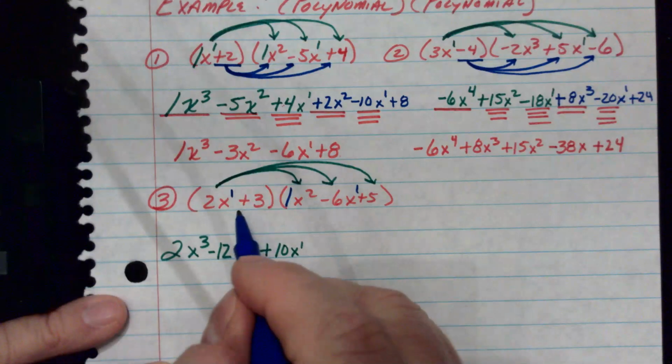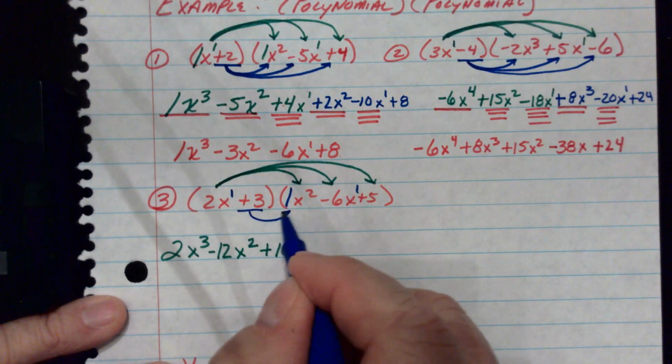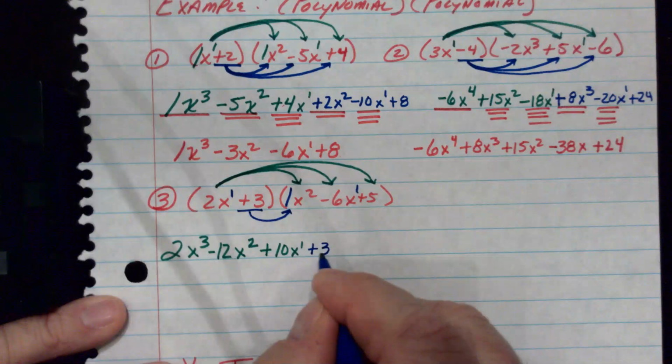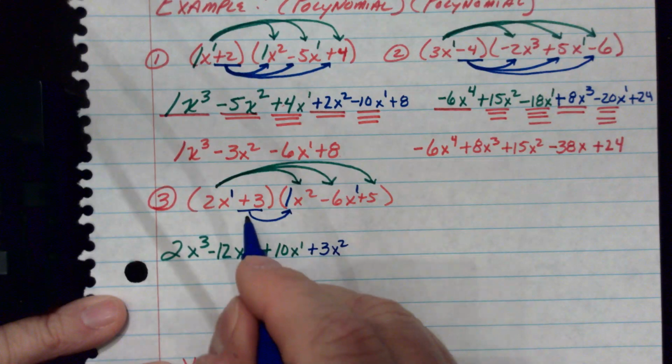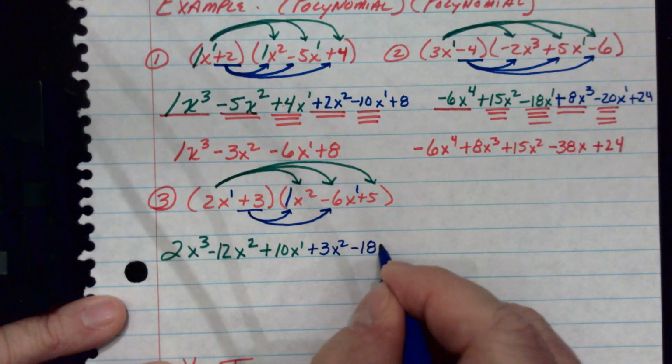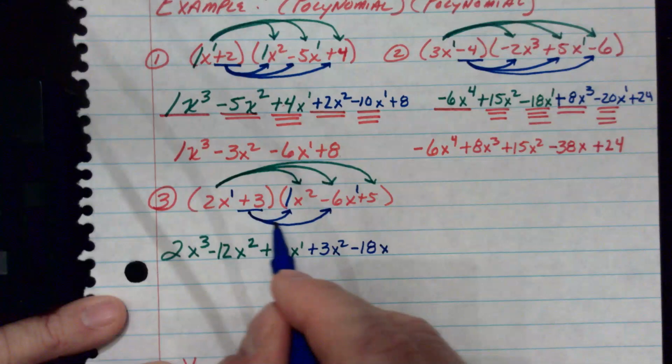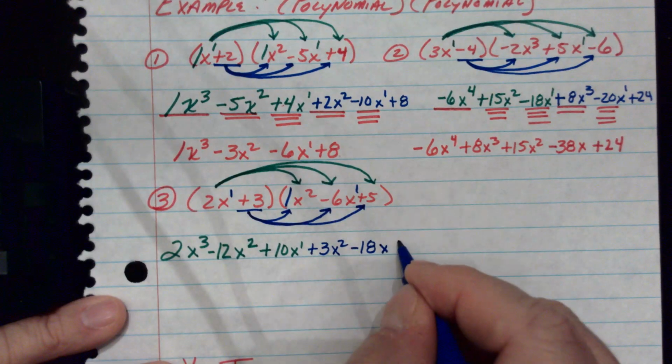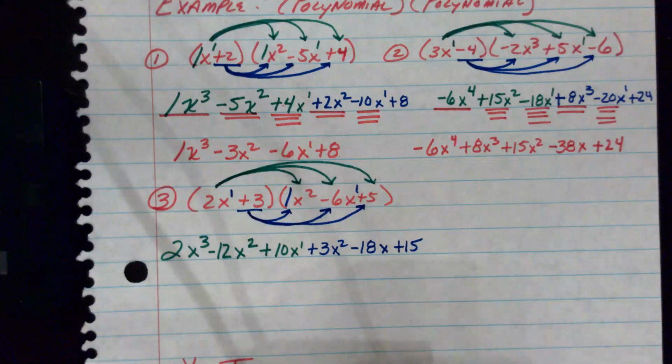Distribute underneath, taking a positive 3 times 1x squared gives me positive 3x squared. Positive 3 times negative 6 is a negative 18x. And positive 3 times a 5 is a positive 15.